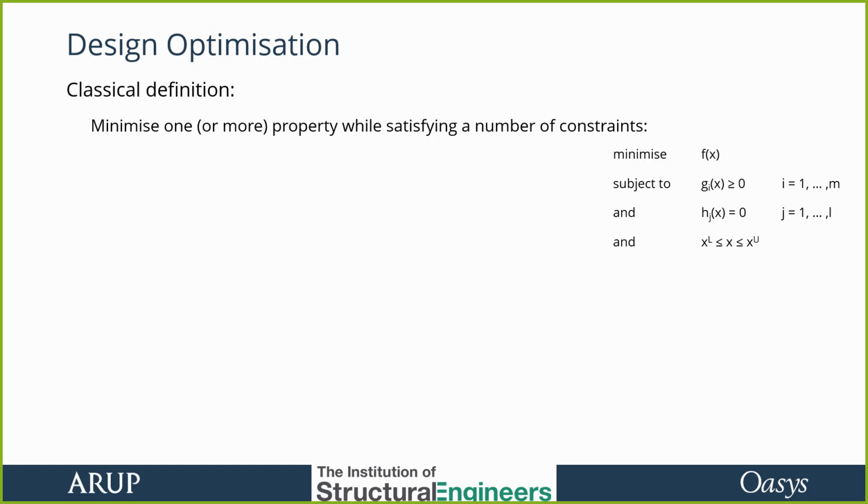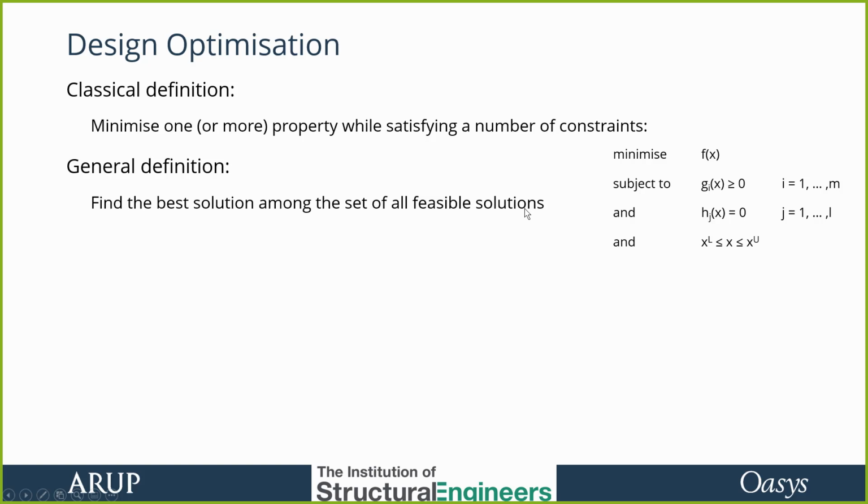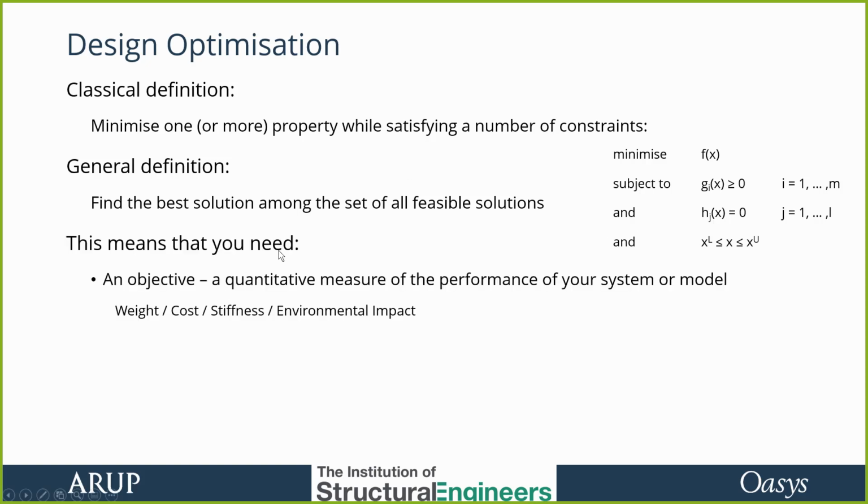Now, all talks and all papers on optimization are required by law to show the formula, this f(x) formula over here. Unfortunately, it's virtually meaningless, but it basically says that we're trying to find the best solution amongst the set of all feasible solutions, or at least a subset of feasible solutions. And this means that you need to take into account various constraints.